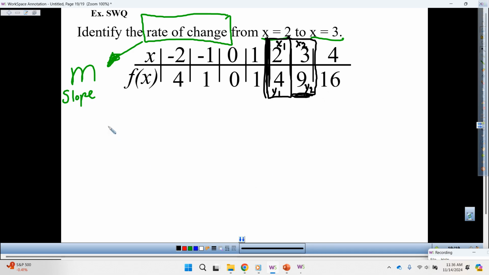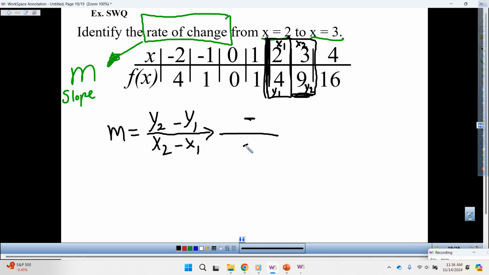Now, why do I need that? Because my formula for the slope is what? Remind your neighbor. What is our formula for the slope? Yeah, y sub 2 minus y sub 1 over x sub 2 minus x sub 1. So, minus and minus. Here we go. I'm going to start with the y's. Y sub 2, which is what? 9 minus y sub 1, which is 4.